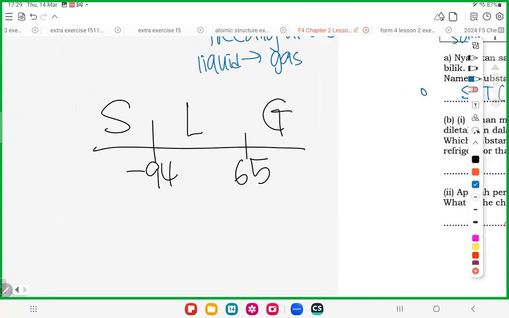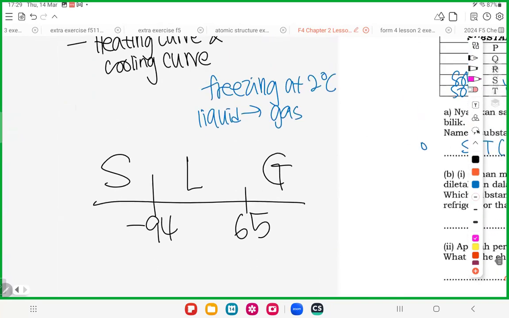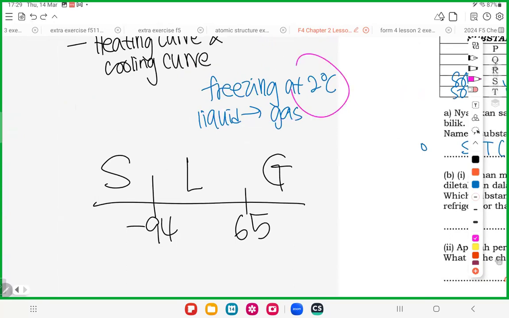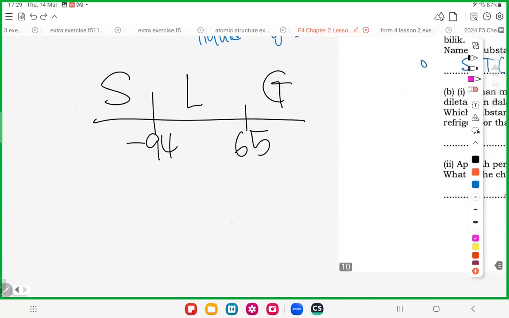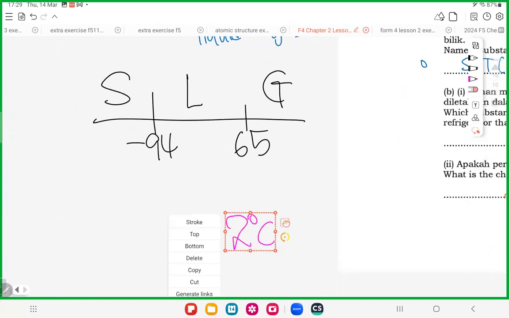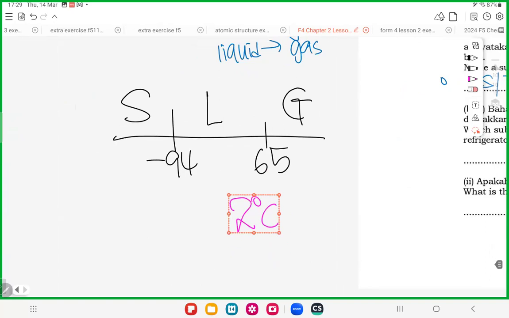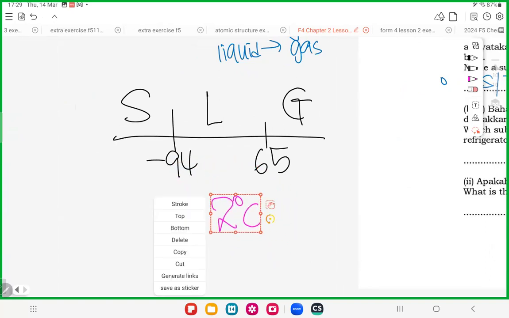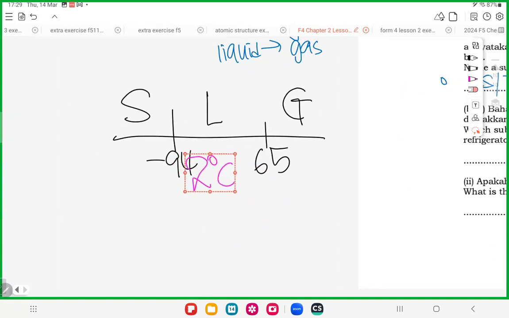Now we want to do freezing at 2 degrees Celsius. So what is the temperature we wanted? 2 degrees Celsius. Can anyone tell me where the 2 degrees Celsius is? Are you here? No, this is negative 94, negative 95, negative 96, negative 97.